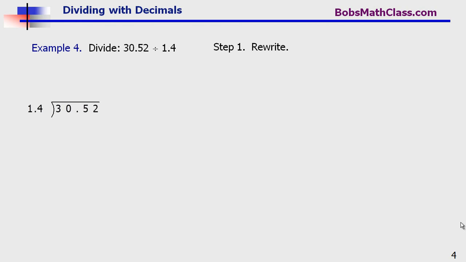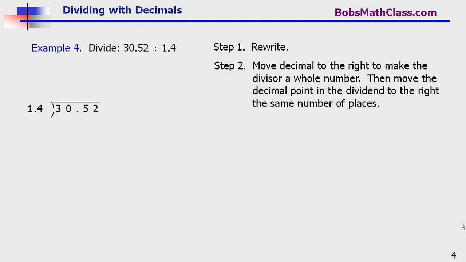Now, how many places do we have to move the decimal point to the right to make it into a whole number? Right, 1 place. So that means we got to move it over one place in the dividend as well. One place to the right, one place to the right. So now it's 14 into 305.2.